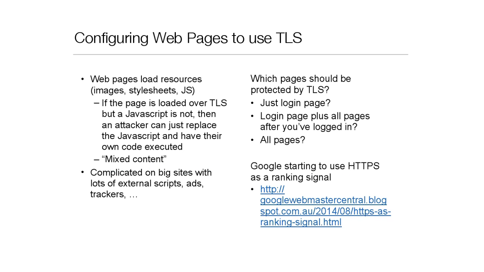So you have to specify how web pages load resources. That means if the page is loaded over the TLS protocol but not the JavaScript, then an attacker can just replace the JavaScript or inject something into it and have their own code executed in the client's browsers.